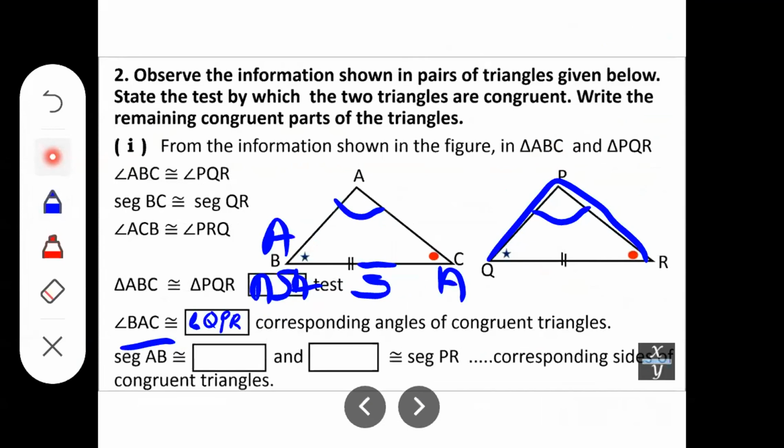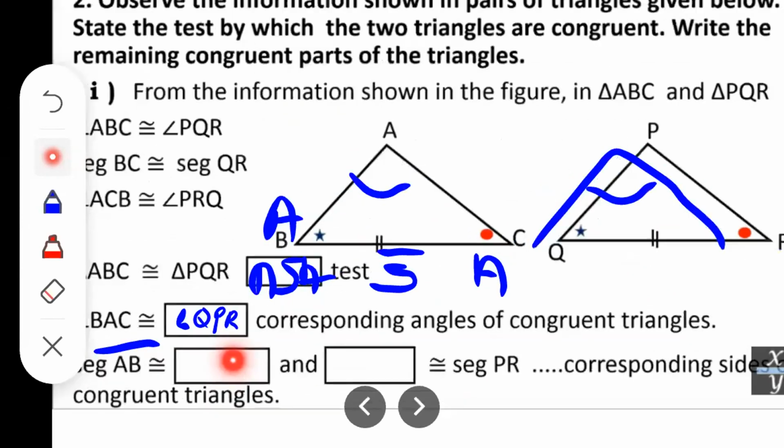Now let's write the corresponding sides. Segment AB. So segment AB is congruent with which segment? Segment PQ. Right? So here you have to write segment PQ. Likewise, segment PR is congruent with segment AC. Right?